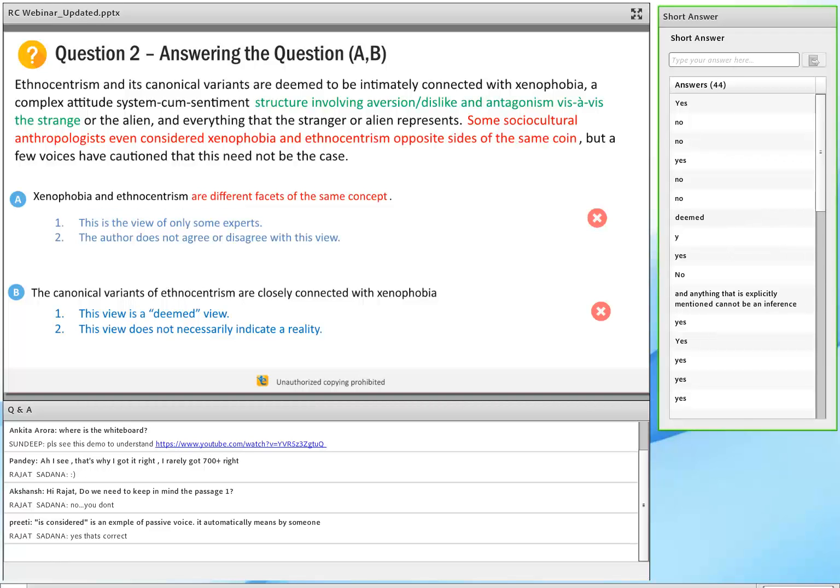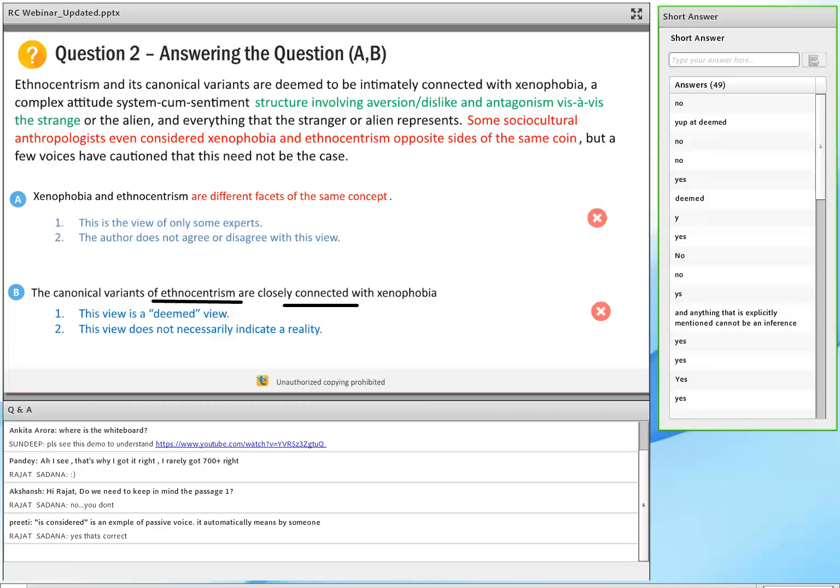Anything with this, it's an inference question. An inference is something that the author agrees with. The author doesn't say in the passage with 100% certainty whether the canonical variants of EC are closely connected. What the author says is EC and its variants are considered to be.